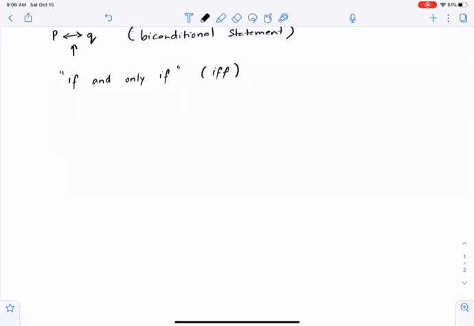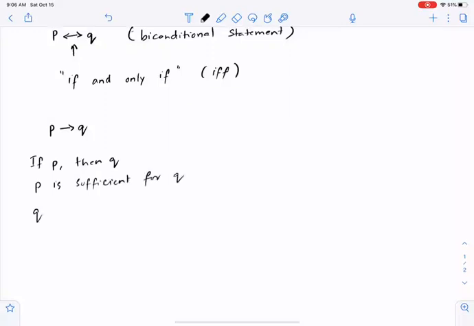What does that mean? That simply means P is the antecedent, Q is the consequent, in the sense if P, then Q. P is sufficient for Q, Q is necessary for P. So that goes in one direction, but if you have if and only if, there is another direction.